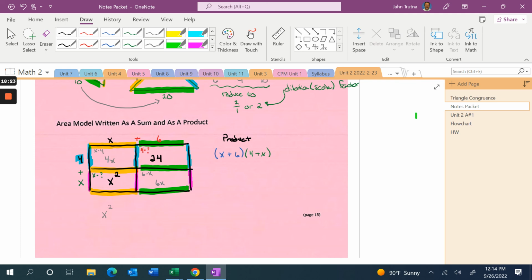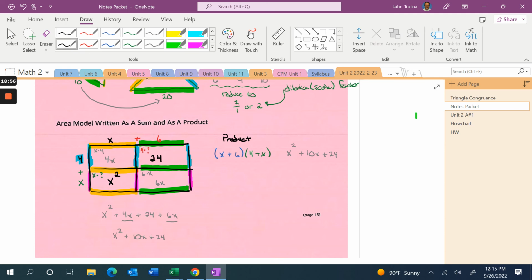Okay, so that means my entire rectangle is represented by x squared. I'm just going to go around counterclockwise, starting at x squared, plus the 4x, plus the rectangle that is 24, plus the rectangle that is 6x, and then I can combine the 4x and the 6x together to give me x squared plus 10x plus 24. So what this is saying is, that right there, x squared plus 10x plus 24, is what we refer to as the sum of my area rectangle.